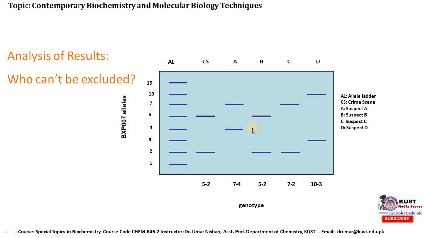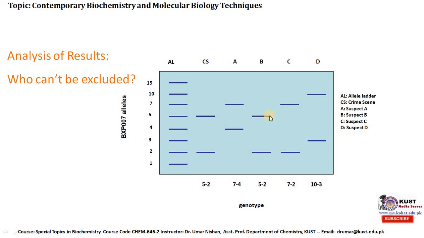Now, once we have these two bands from the crime scene, and you compare them with those of suspect B, we see that these bands are matching, while A, C, and D are not matching with the one from the crime scene.